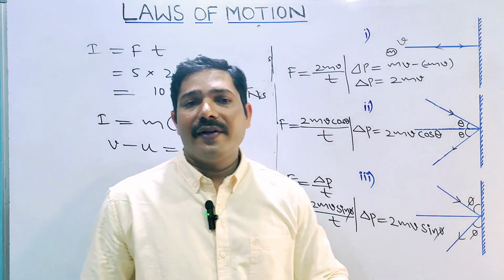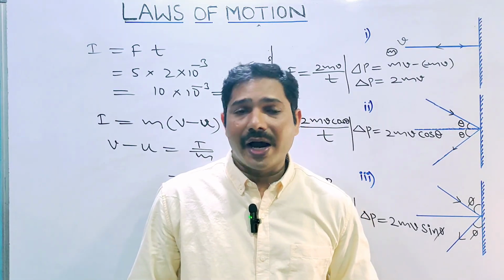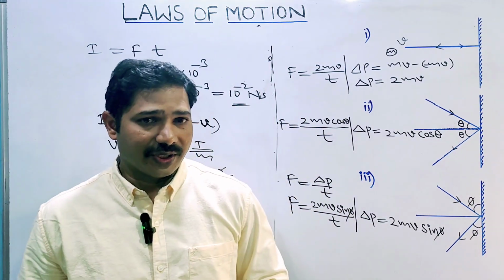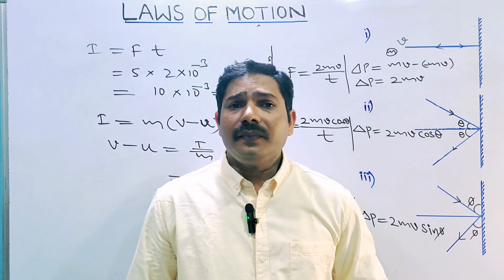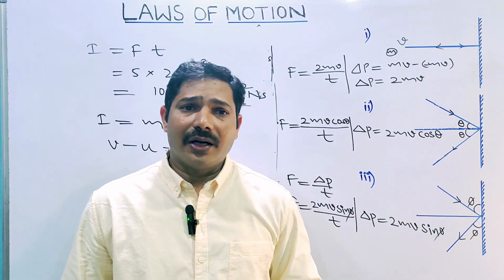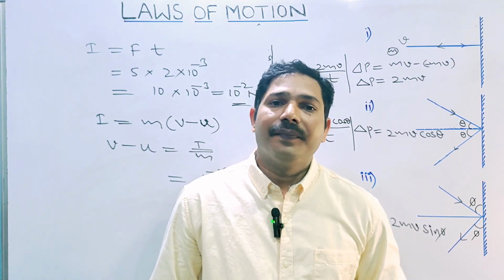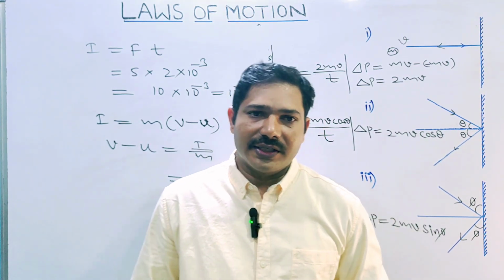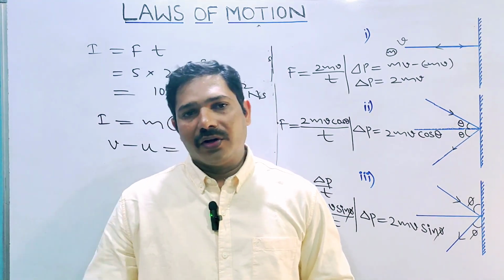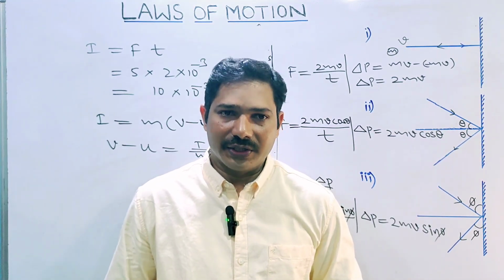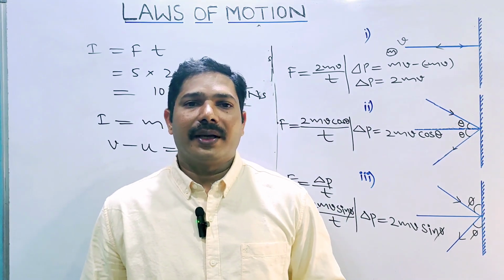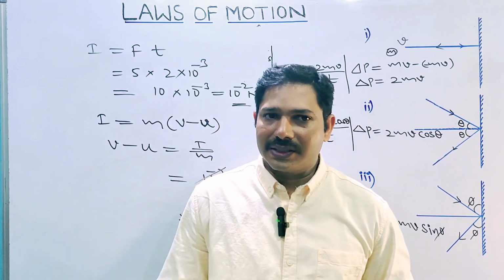So to every action there is an equal and opposite reaction. In this part we discussed Newton's first law, second law and third law. In the second law we discussed the derivation of F equals ma and numericals based on it, and another topic, impulse, with numericals based on impulse also.